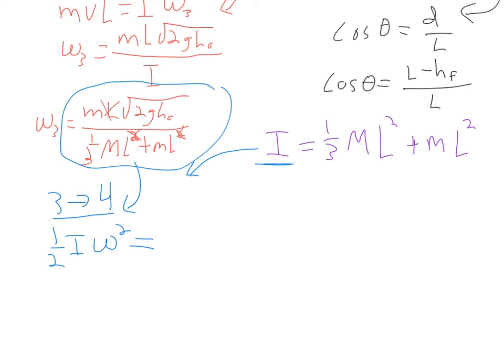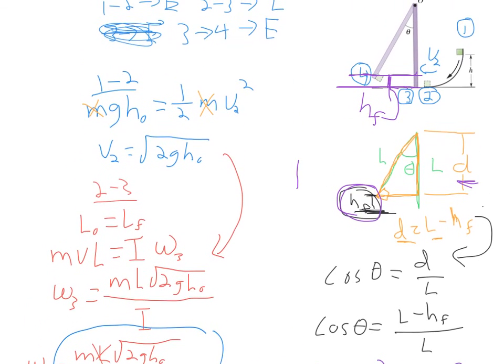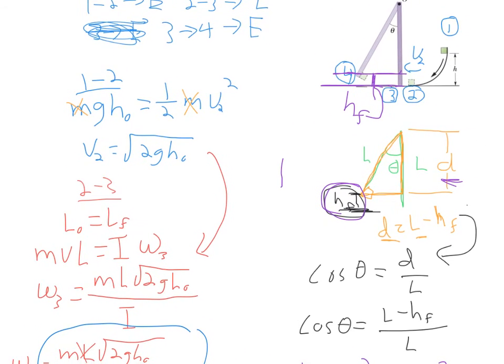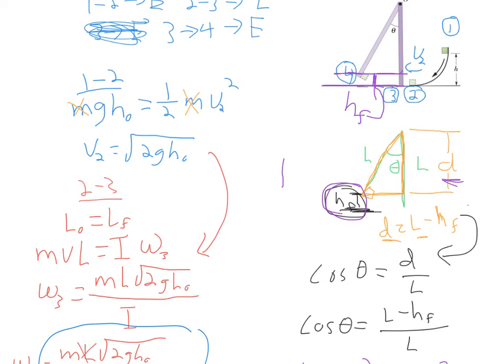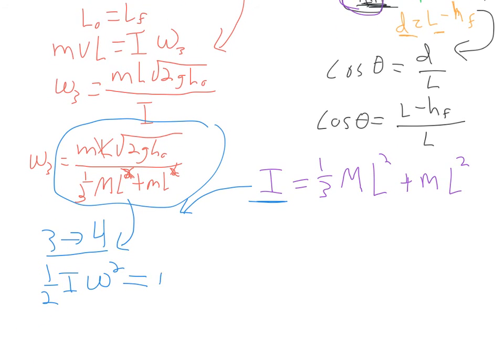So let's think about gravitational potential energy. This is one of multiple places that confuse people a little bit. We can clearly see this block gains a gravitational potential energy of mgh final. So let's start with just the block. It's mg times this h final.